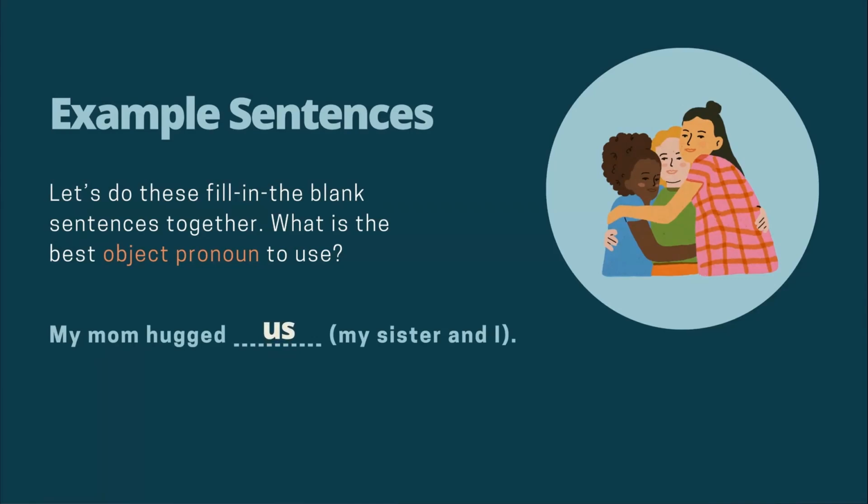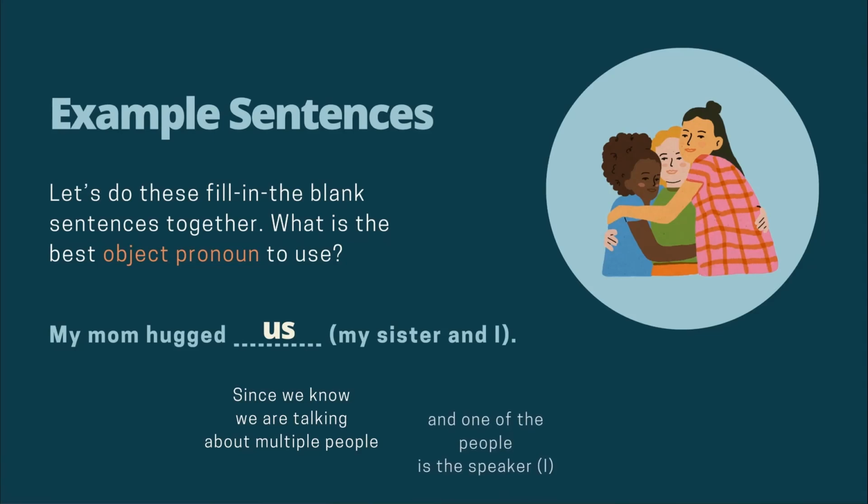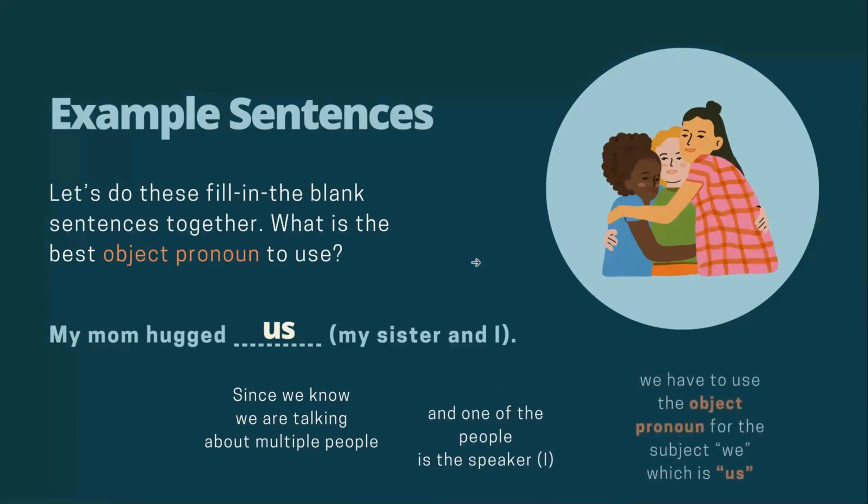My mom hugged us. Since we know we are talking about multiple people, and one of the people is the speaker, I, then we have to use the object pronoun for the subject, we. And this object pronoun is us.